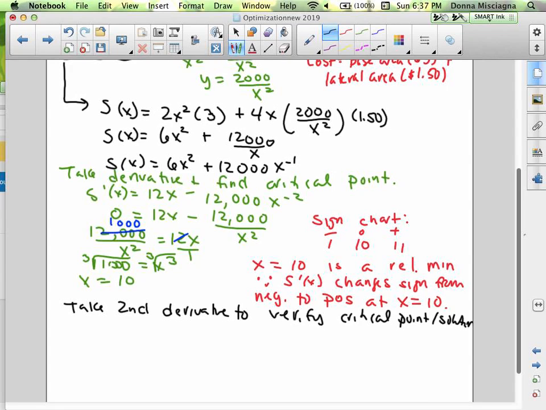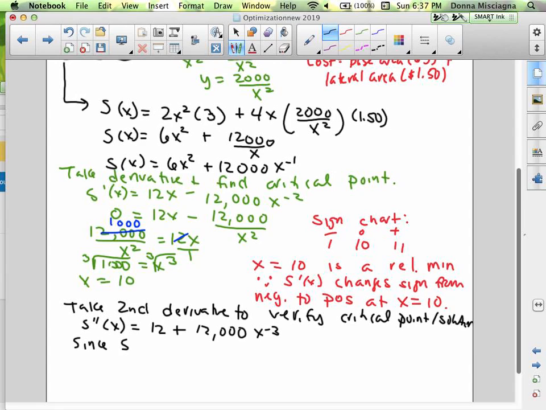So we have s double prime of x equals 12 plus 12,000 x to the negative 3, right? But those are all positive numbers.